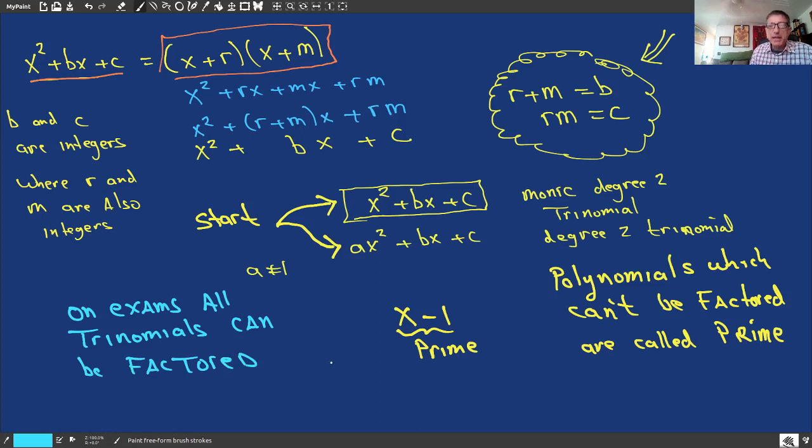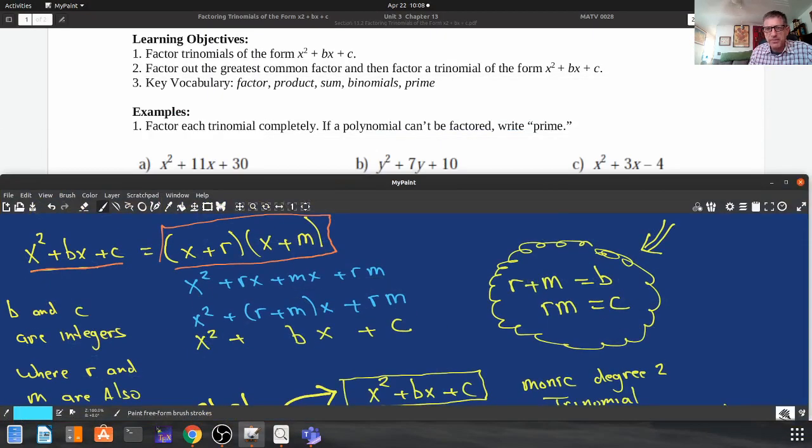And the reason is students just give up. Finding the factorization is a trial and error method, and students give up really fast and say, oh, well, it's prime. But know in advance that on your quizzes, I'm going to carefully choose everything such that all of them can be factored. So let's actually start with the method.